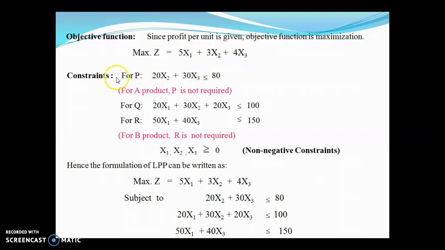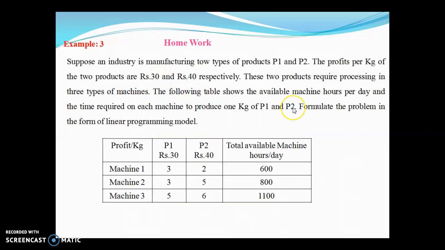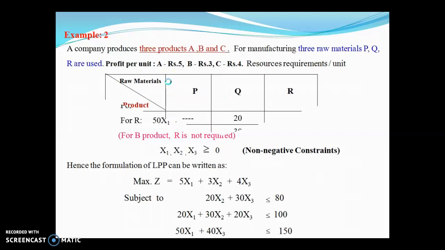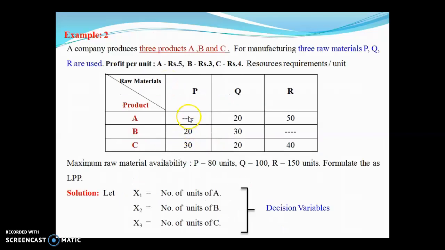Then the constraints: 20x2, 30x3. Here for material A it is not necessary, so we can write 20x2 plus 30x3.